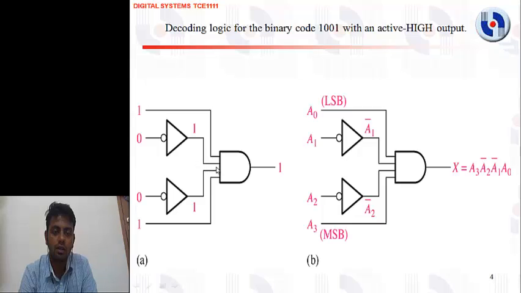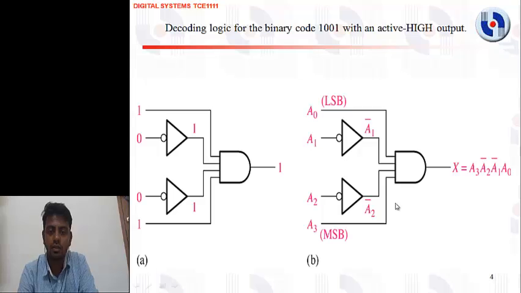So at the end of the connection, we are giving 1 as the first input. 0 is converted to 1 through the NOT gate as the second input. The third, also 0, is converted to 1 as the input, and the last one is given directly to the AND gate. Here we can see all inputs are high. So at this instant only, the AND gate will give a high output. This is how the AND gate works.